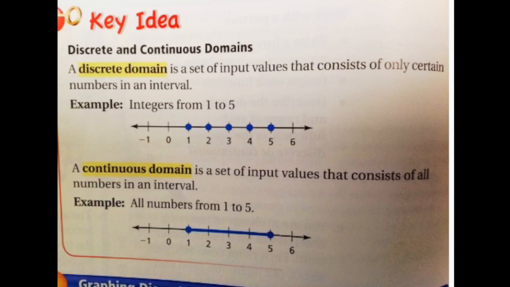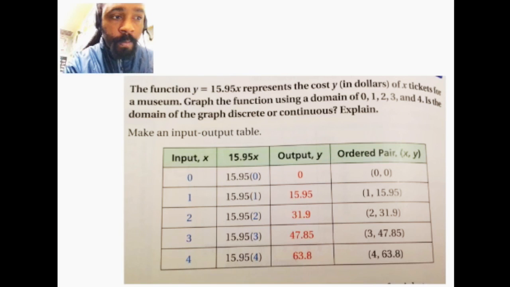We're going to take a look at some examples of what a continuous number would be for a domain and what a discrete number would be for a domain next. Here's an example of a discrete domain. Buying tickets for a museum. We'll show you what the graph looks like in just a moment.